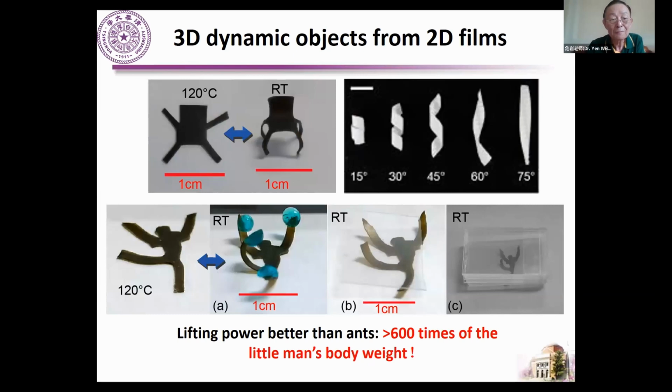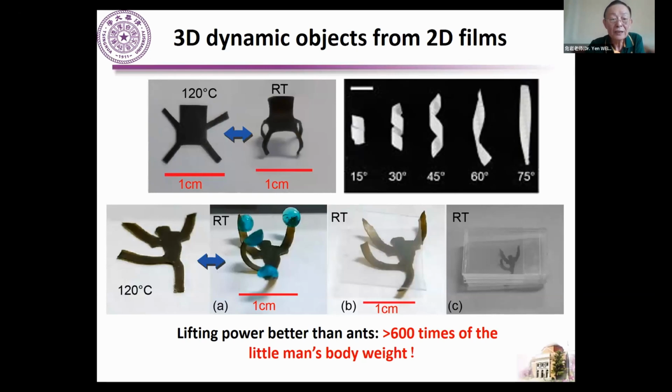You can see we can program the shape change from one dimension to another. Therefore, we get this piece of liquid crystal elastomer. The black thing is what? We dope them with carbon nanotubes, because carbon nanotubes have an excellent light-to-thermal conversion effect.